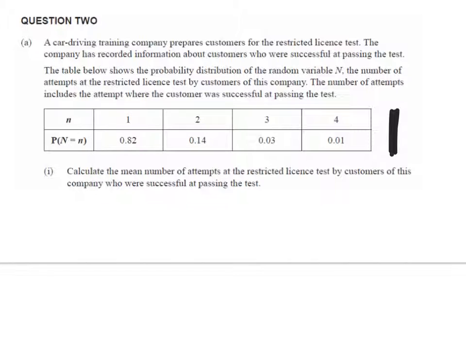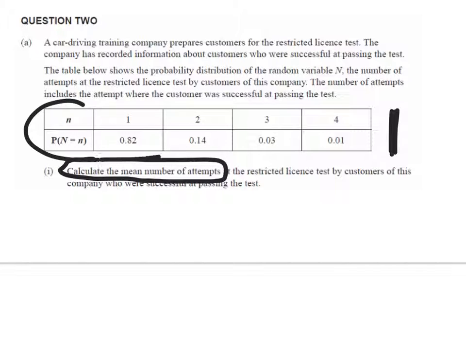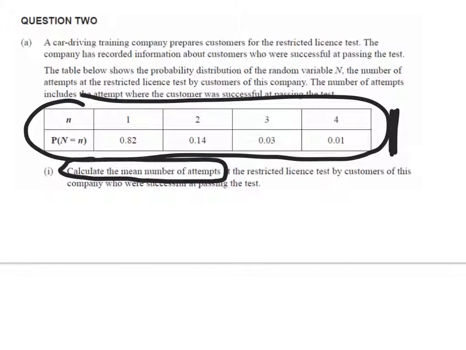And we're asked to calculate the mean number of attempts at the restricted test by customers of this company who passed. In other words, take the information in this table and work out the expected value or average value of that little probability distribution.